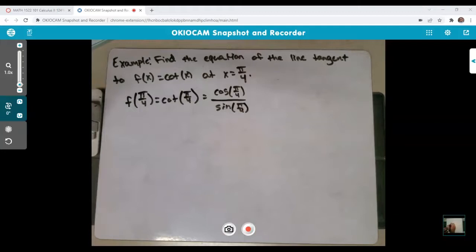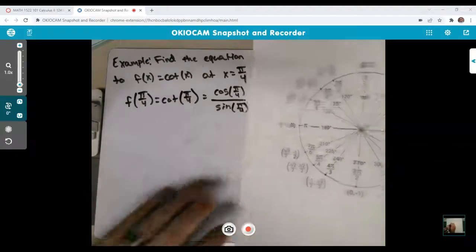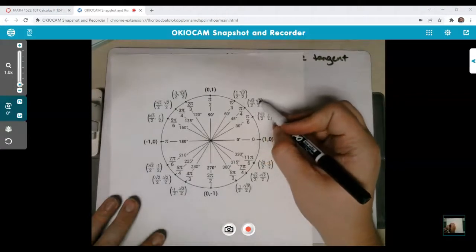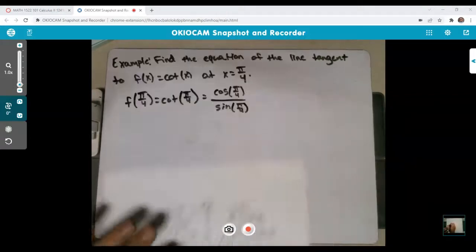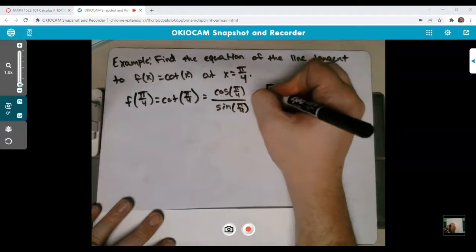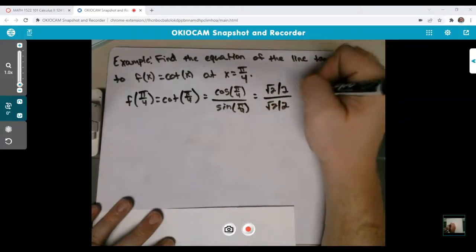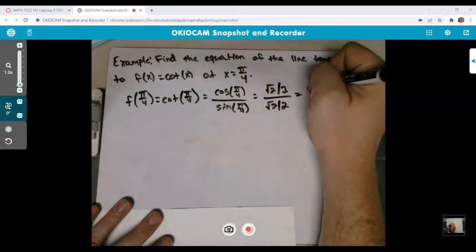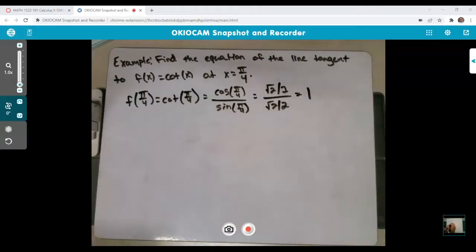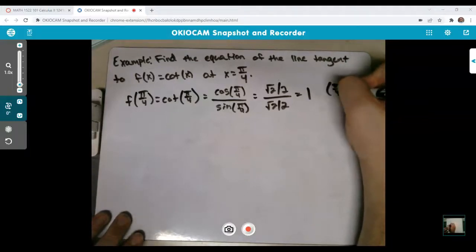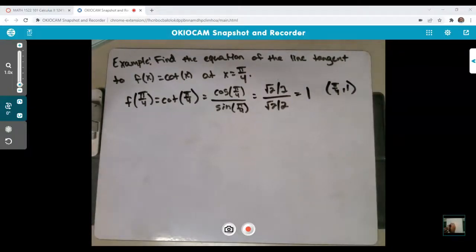So bring back the unit circle over here. Cosine of pi over 4 is square root of 2 over 2, and sine is the same thing. So cotangent of pi over 4 is equal to 1. So because of that, I know the point pi over 4, 1. That's a point. Now I need slope.